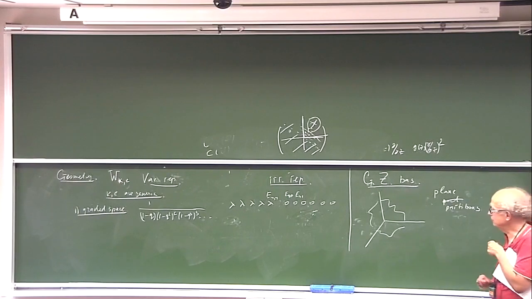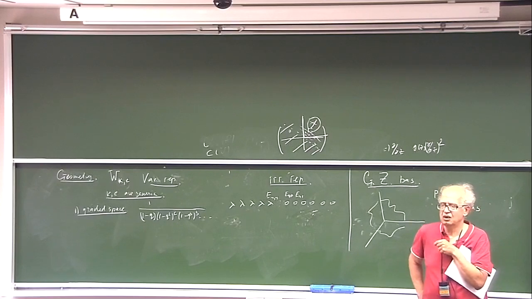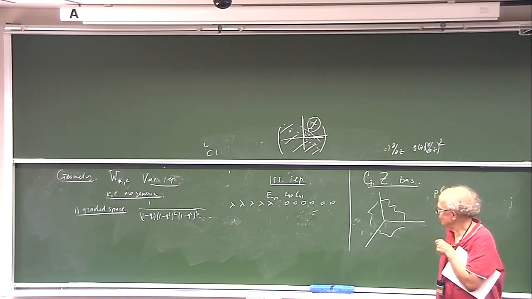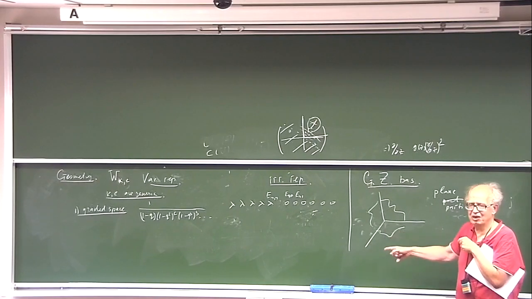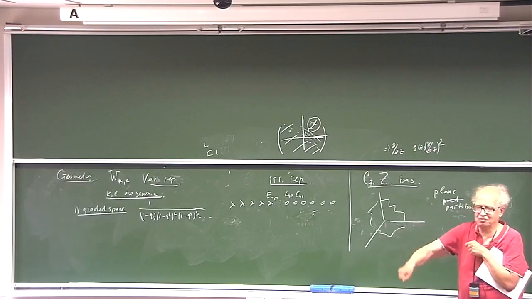But Boris, standard partitions somehow are one-to-one, but not these partitions in the space, right? No. Plane partition. Where you have this corner of a room, and you put boxes.